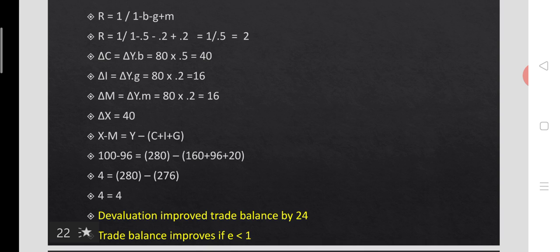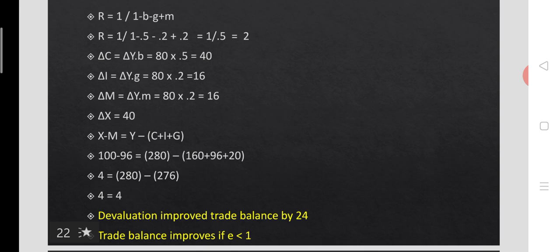Then 2 into change in export is 80. So delta Y into B is 80 into 0.5. 0.5 is the marginal propensity to consume. So consumption is going to be increased by 40 million US dollar, and delta I is equal to 16, as delta Y is just 80.